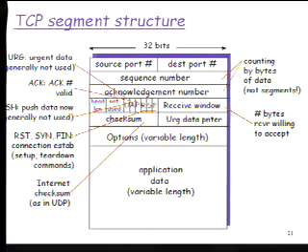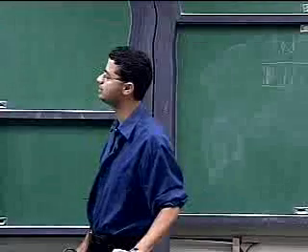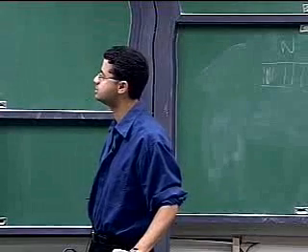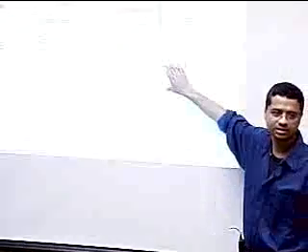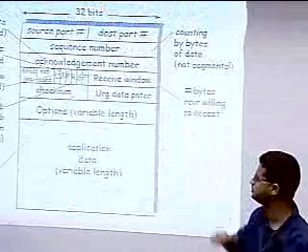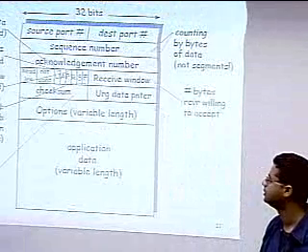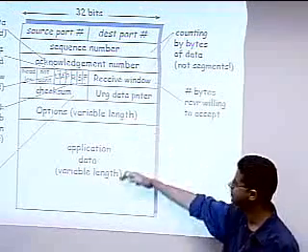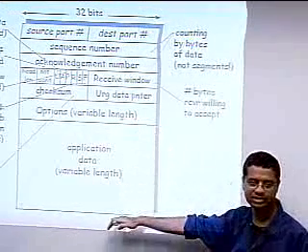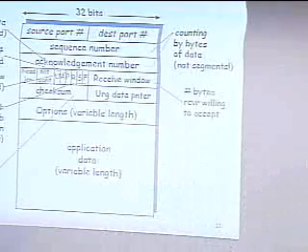The sender and receiver can communicate, and the behavior of TCP can be changed a little bit depending on these options. This options field is variable length. You can have a number of these 4-byte length options in a packet. After the options follow the application data. So this is the TCP segment structure.